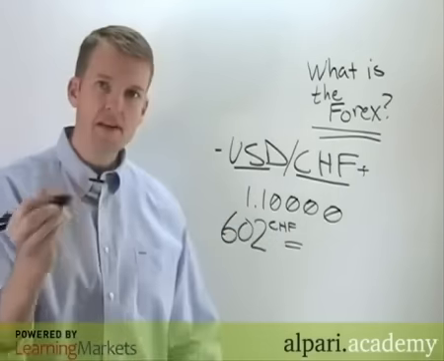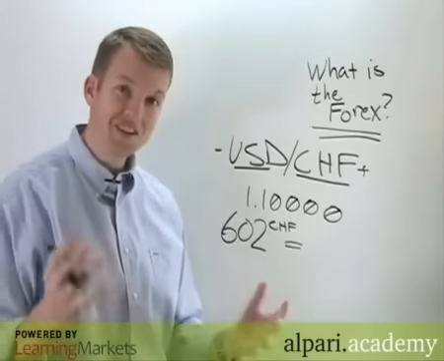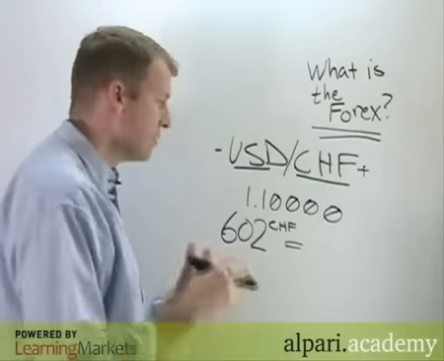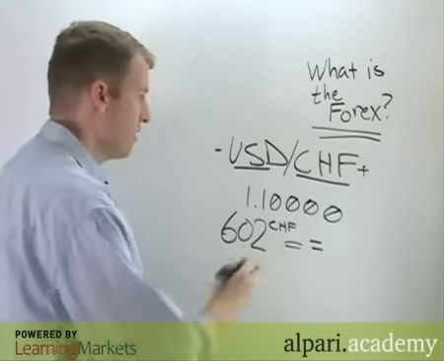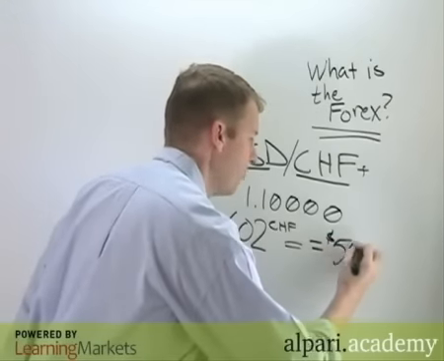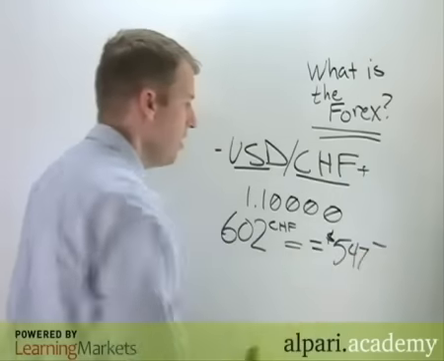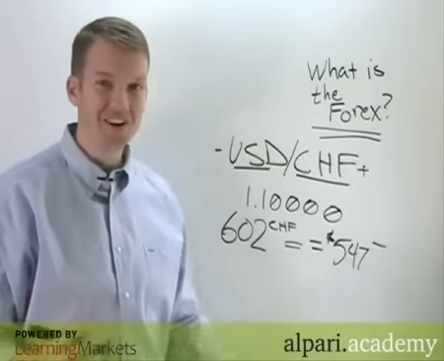Now you might think, well, we live in the U.S., that must be a bad thing for us. Well, not necessarily, and this is something that's hard to wrap your head around when you first learn it. If we convert these 602 francs at our new exchange rate, we get back $547. That means we just made a profit on our vacation of 10%, at least on our spending money.